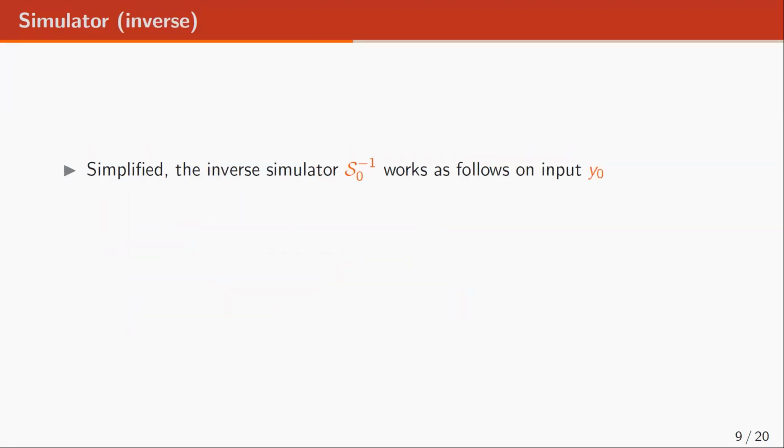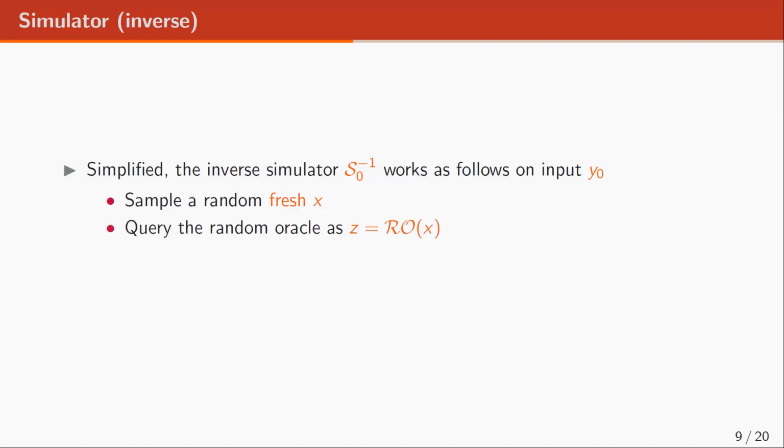And we also give an inverse simulator. Now the input is y0, and the simulator randomly draws a fresh x that was not used before. Then it queries the random oracle on this x again to get z.